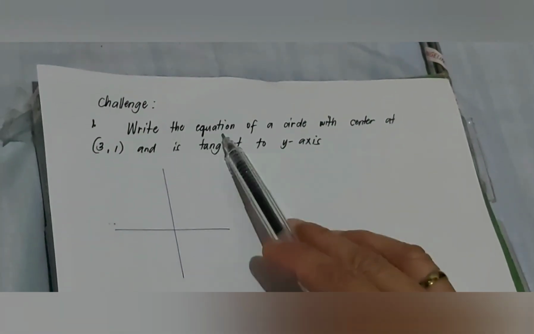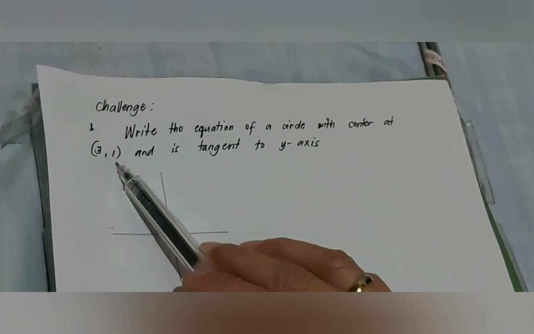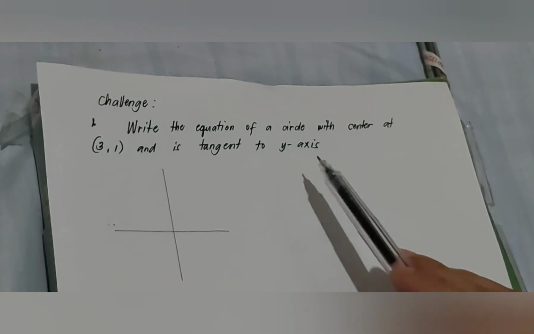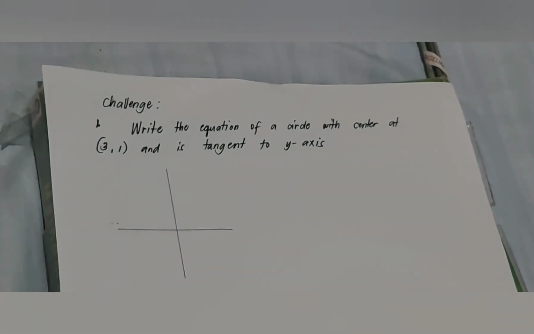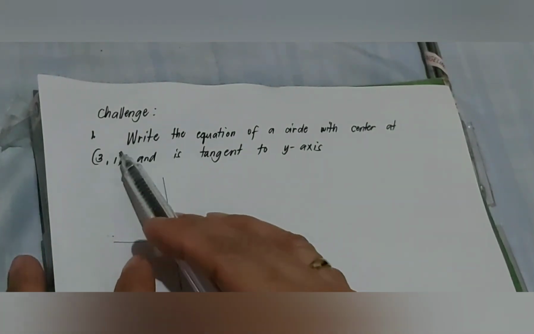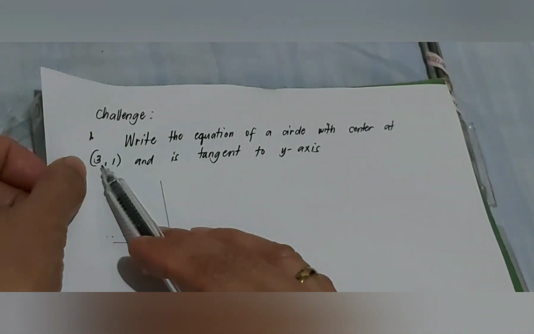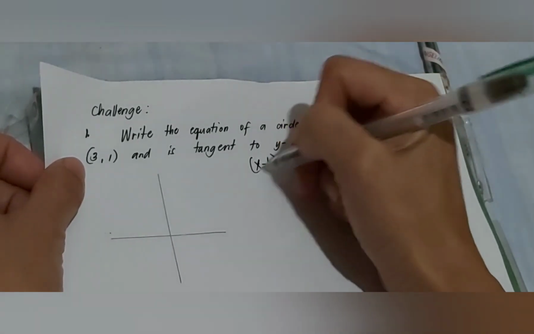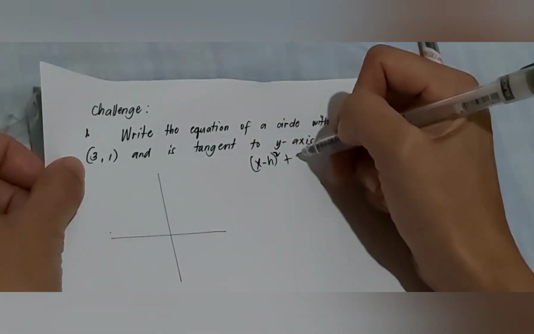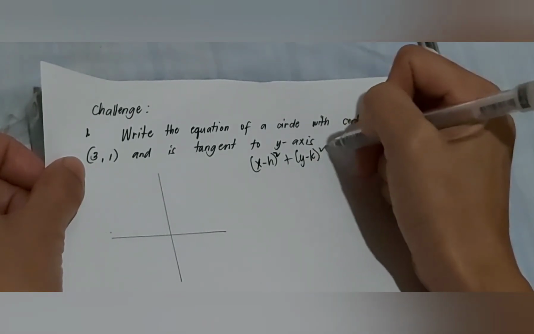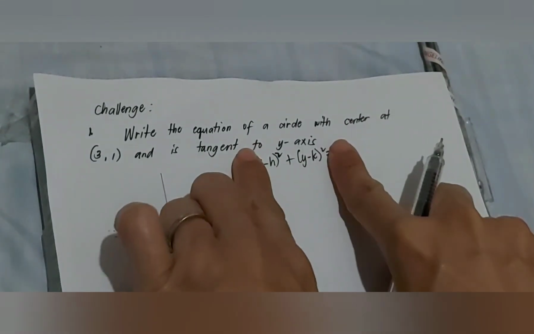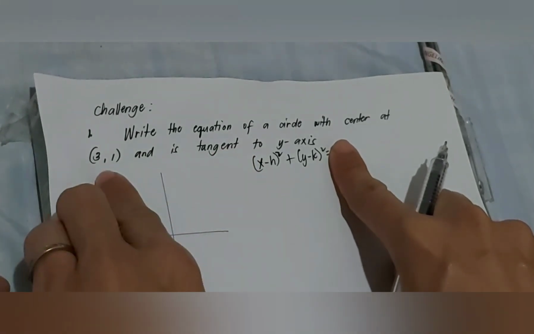Next, let us write the equation of a circle with center at 3 and 1 and is tangent to y-axis. Okay, medyo tricky yung problem pero madali lang siya. So, yung equation ng circle na may 3, 1 na center. So, from x minus h squared, our center radius form, ayan, madali nating maibigay yung first part ng equation kasi meron tayong h and k.